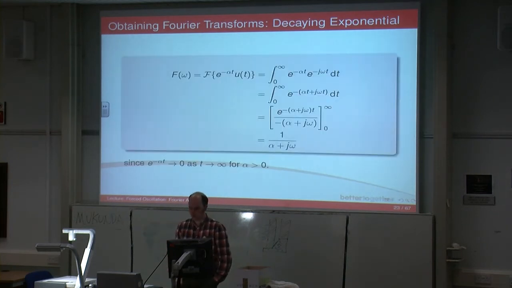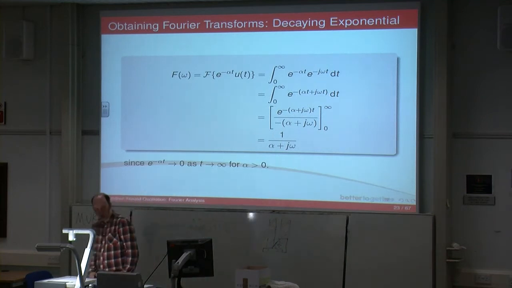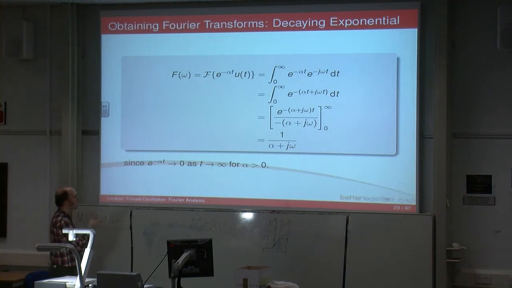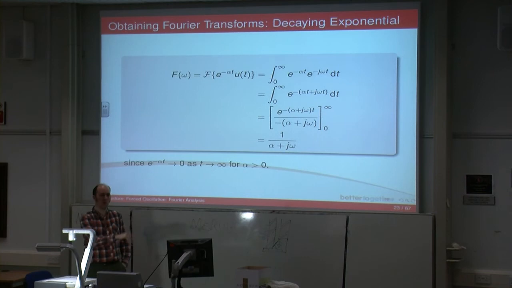What is the Fourier transform of that? Well, here's the maths. The Fourier transform in terms of omega of this function, and that's the equation for the Fourier transform. You stick in the function times e to the minus j omega t, between 0 and infinity, because the function is only nonzero between 0 and infinity. We don't need to worry about the minus infinity to 0 bit.